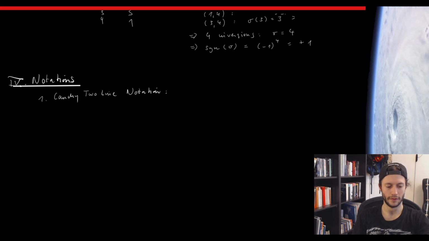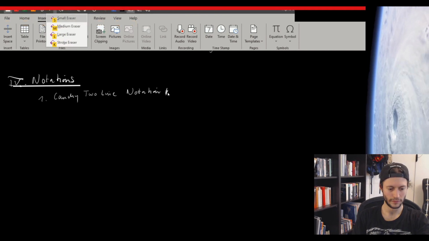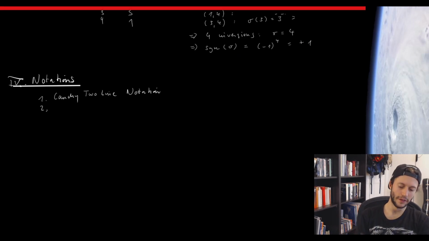Now, before I explain this, let me quickly write down the other ones. From the Cauchy two-line notation, there's also a one-line notation, where you basically just leave out unimportant stuff.